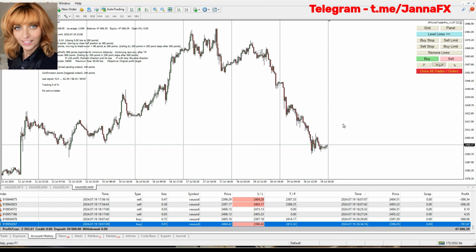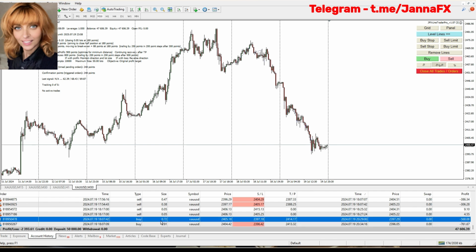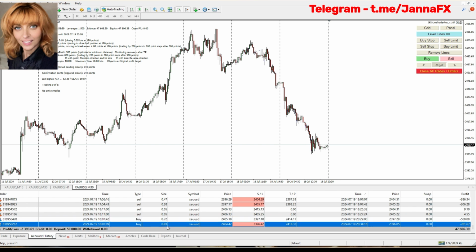On the other hand, it's possible for me to manually place two orders, those two buys with exactly the same lot sizes, and put the take profit right in the recovery. As I have here 900 points, I can put them back manually and go for those bigger take profits.